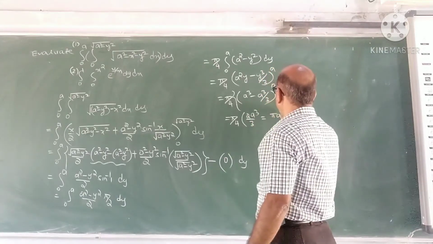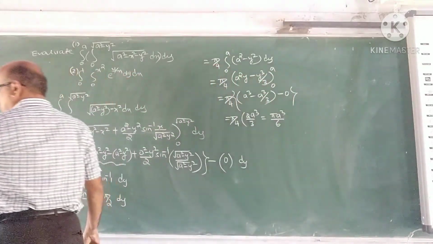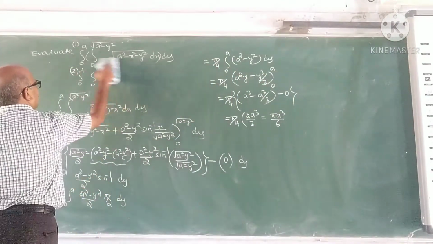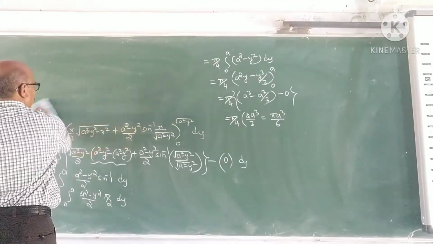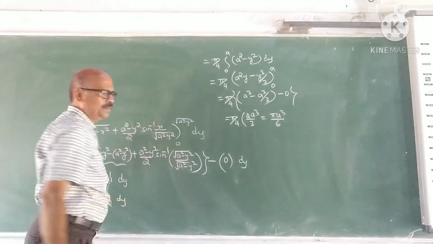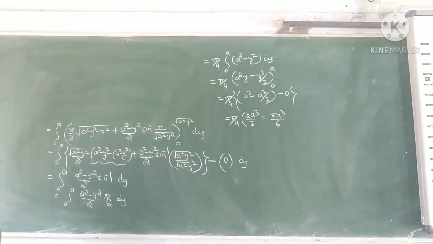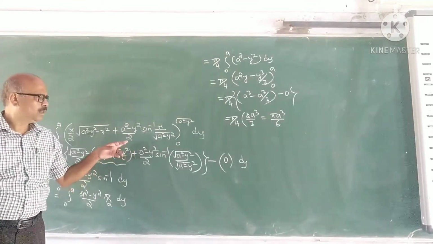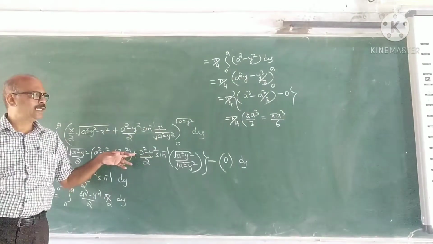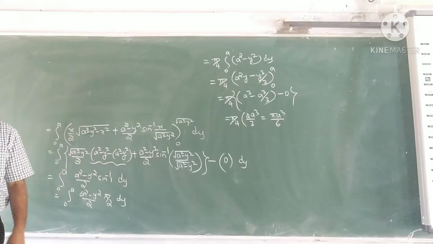So pi a cube upon 6. What is the answer? Pi a cube upon 6. Evaluation is also important. Using this, multiple integrals as repeated single integrals, we can evaluate.